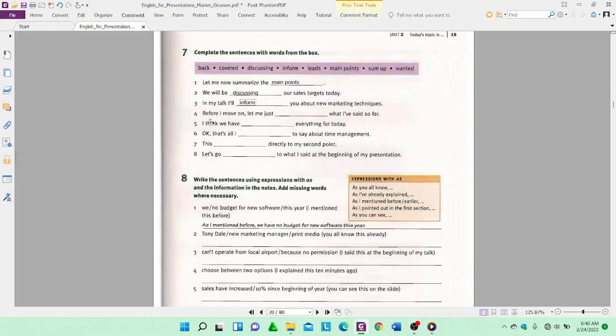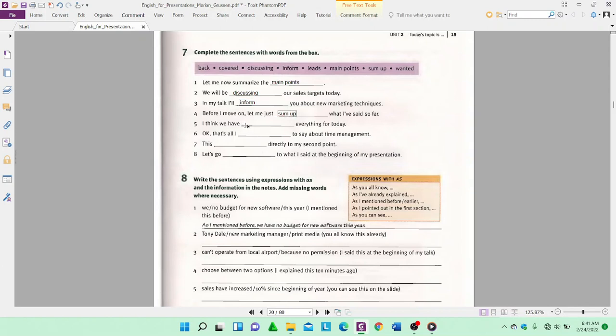Good. And number 4, before I move on, let me just what I've said so far. I think it's sum up. Let's sum up.